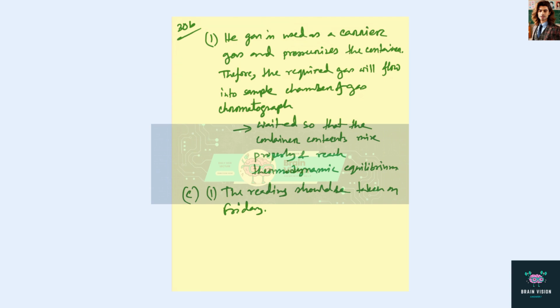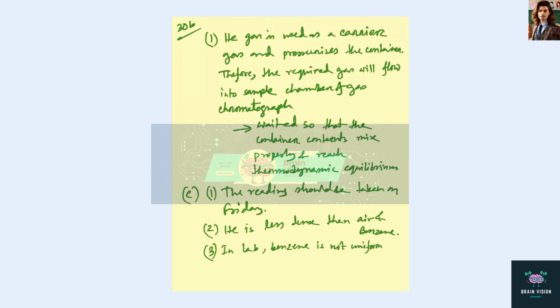The second reason is that helium gas is used as the carrier gas, which is less dense than the air and benzene. The third reason is that in the lab, the benzene is not distributed uniformly. And finally, it is very difficult to evaluate the sample cylinder, and the given sample may be dilute.